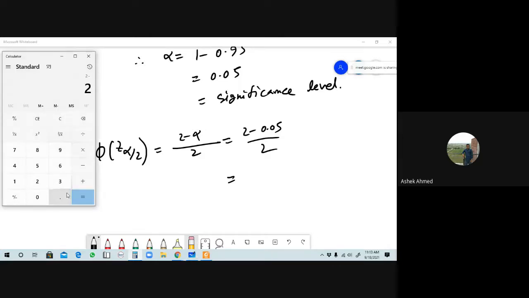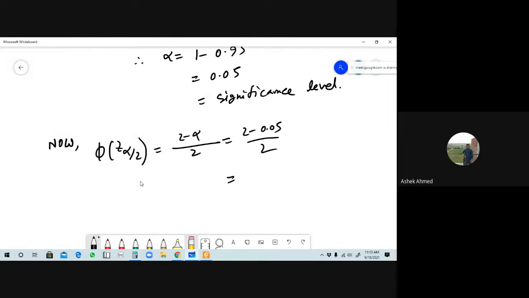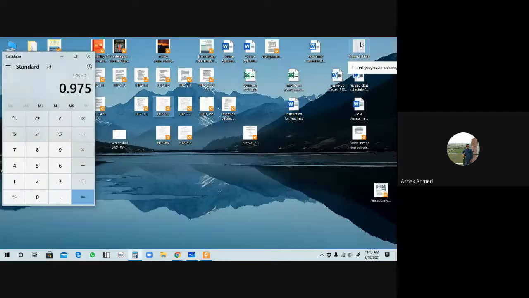This is 1.95 divided by 2, so that will be 0.975. From the standard normal table, you have to determine the corresponding value of z for which the value is 0.975.